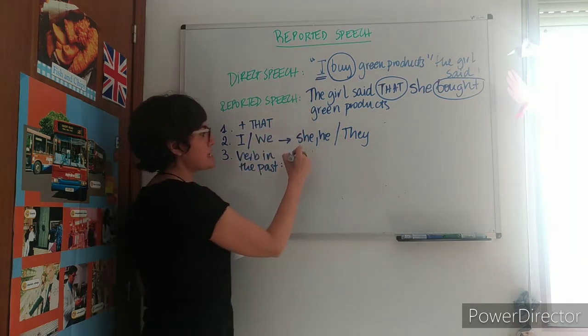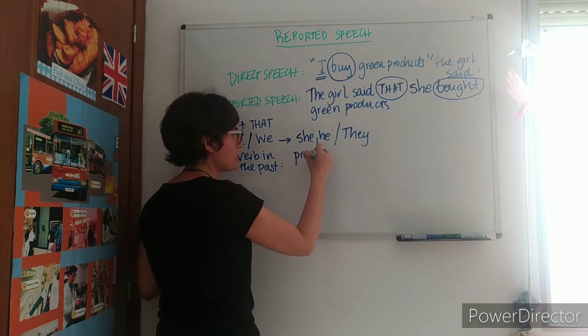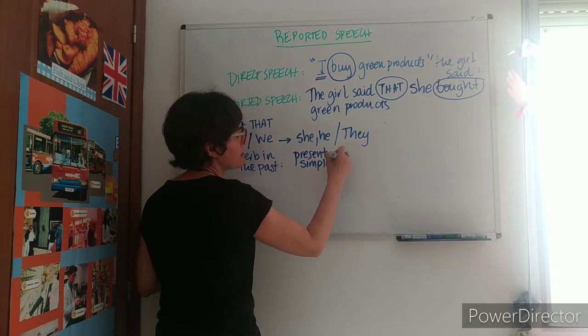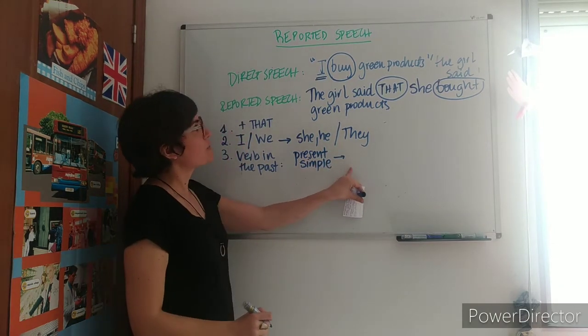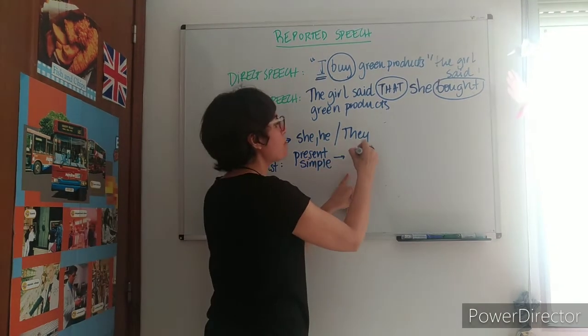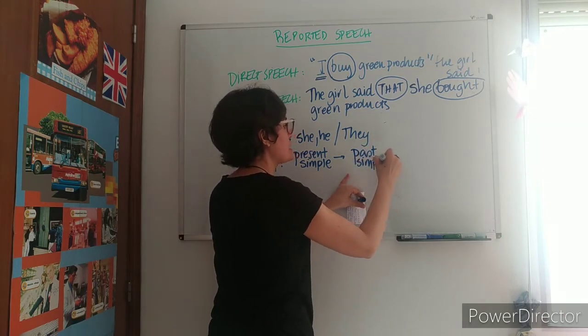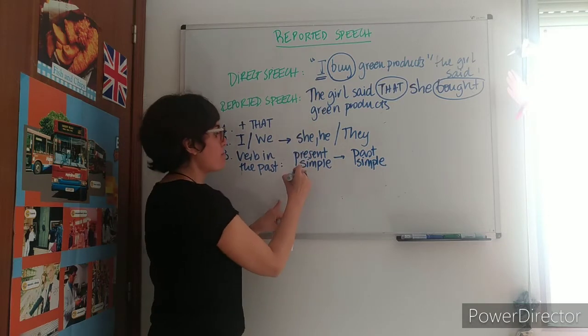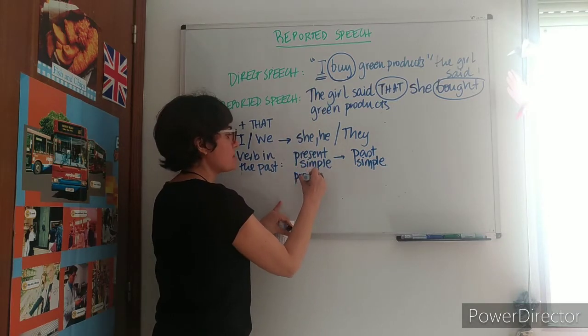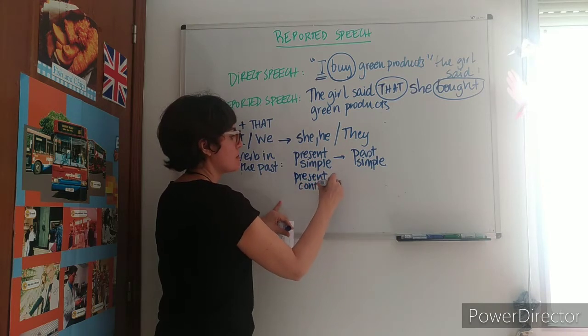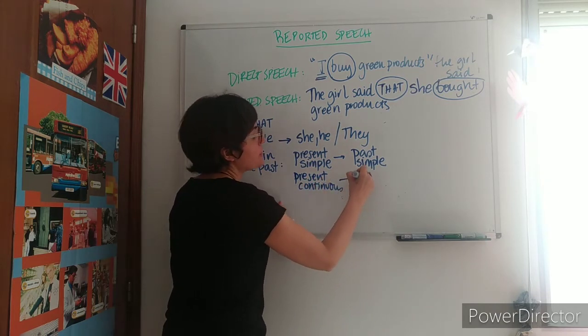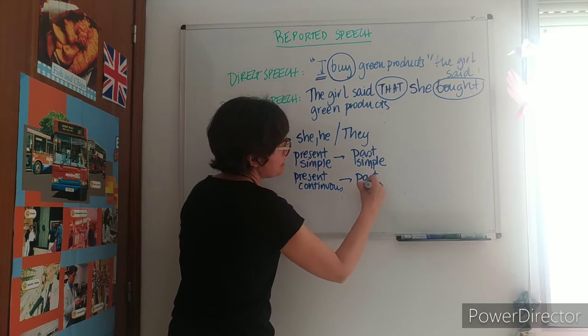So, if the sentence is in the present simple, in the reported speech it will be in the past simple, like in the example. If it's in the present continuous, it becomes past continuous.